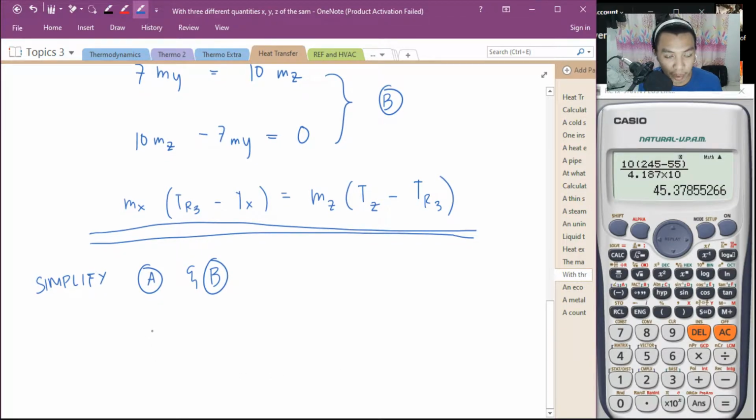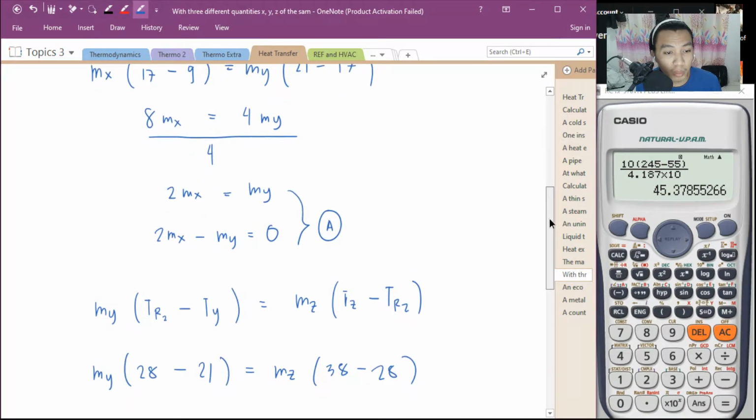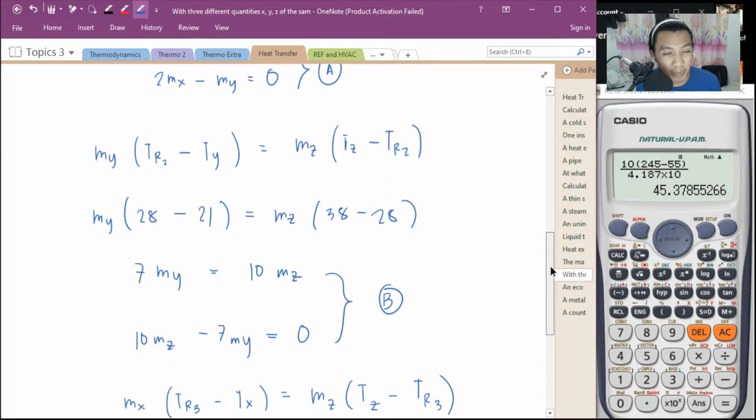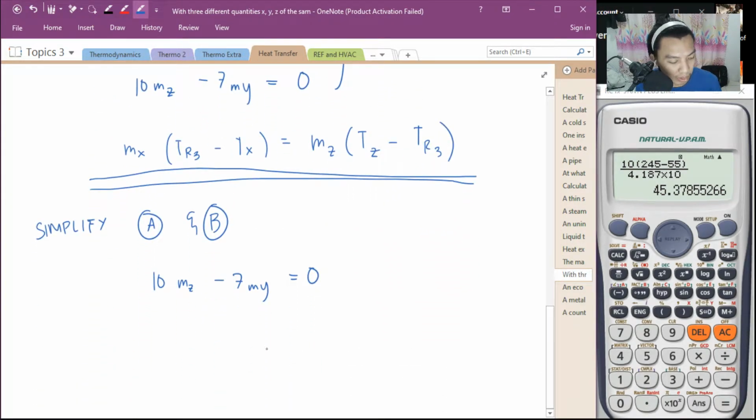So, dito muna tayo magsimula. 10 MZ minus 7 MY equal to 0. Tapos yung A, 2MX minus MY equal to 0.